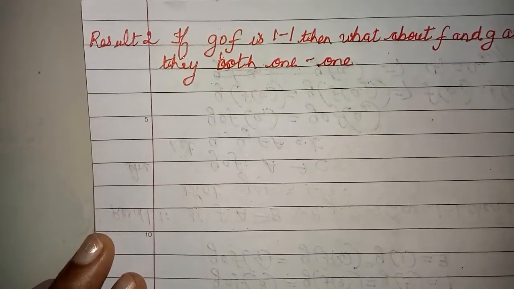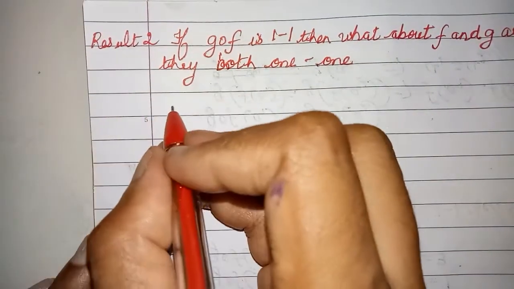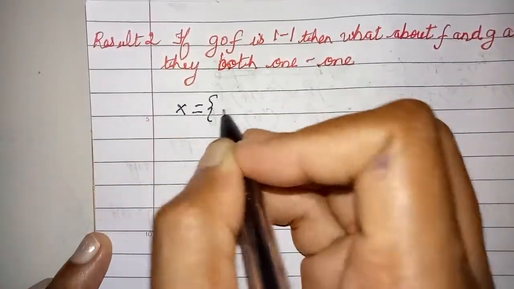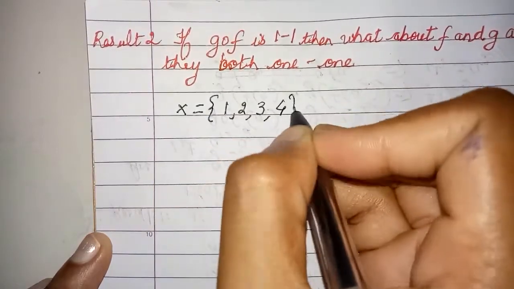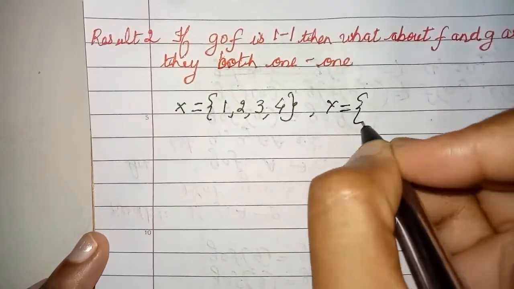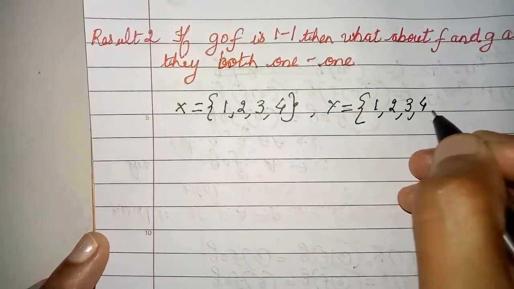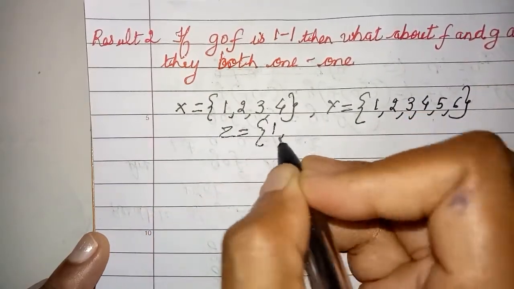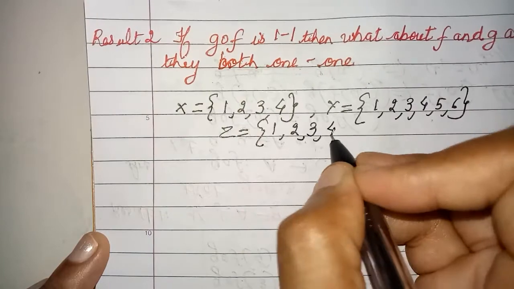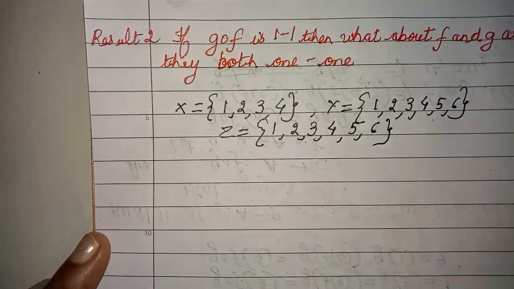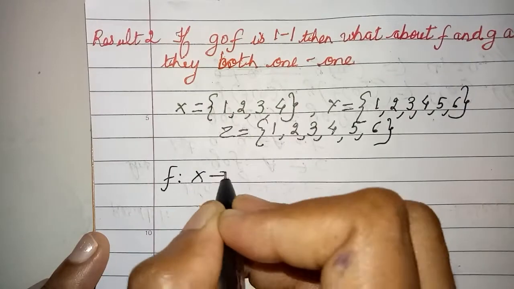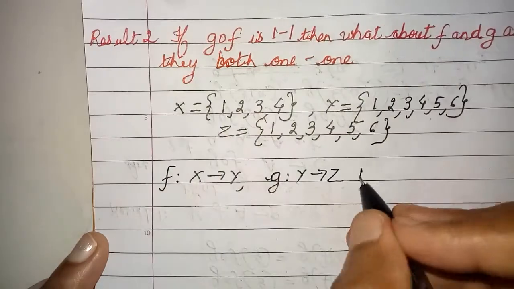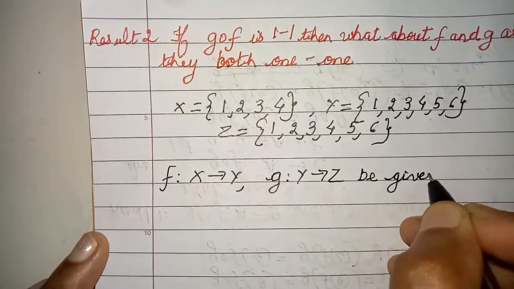So let us take an example, children. Let us take X equal to 1, 2, 3, 4. Let Y be equal to 1, 2, 3, 4, 5 and 6. Let Z be 1, 2, 3, 4, 5 and 6. Now f is a function from X to Y and g is a function from Y to Z. We should know how they are mapped.